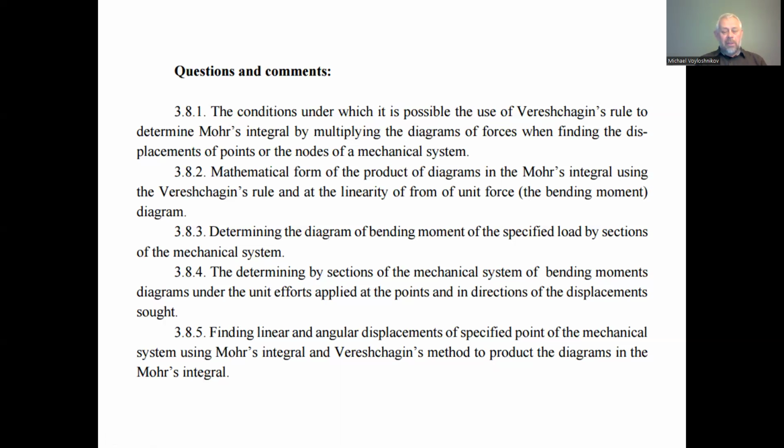The other is the diagram of bending moment under the action of the unit force applied to the assigned point of determination of the displacement in the required direction. The force may be a moment. To be honest, it's more correct to say the effort applied to the point in the direction in which we have to find the displacement.